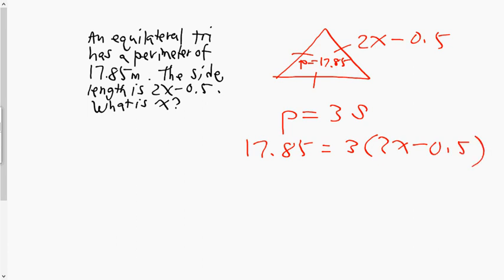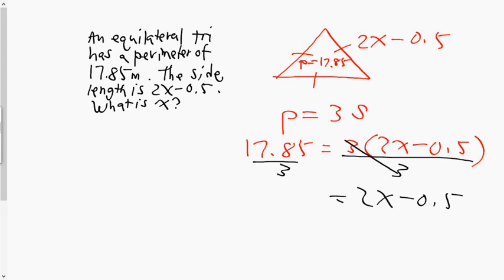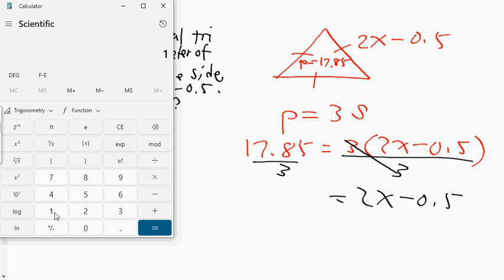One of two ways, we can divide both sides by 3 to figure out the length of one side if we know the perimeter, or we could expand using the distributive property. I'm going to divide both sides by 3 to get this is equal to, and then 17.85 divided by 3 equals 5.95.